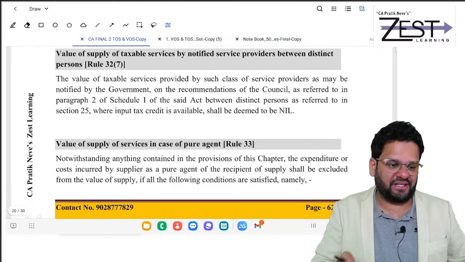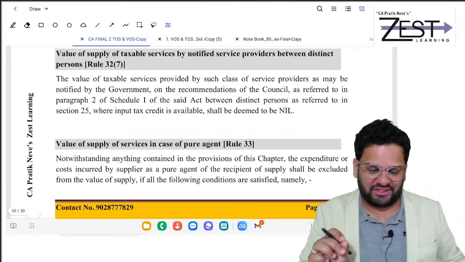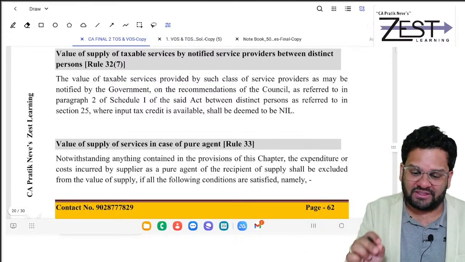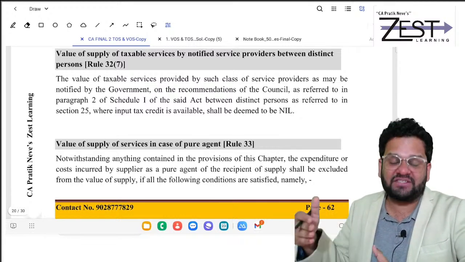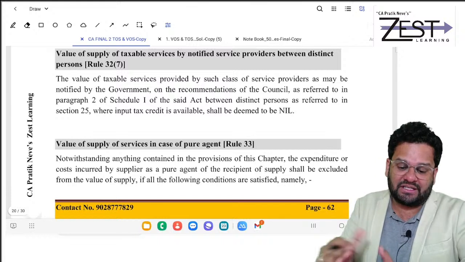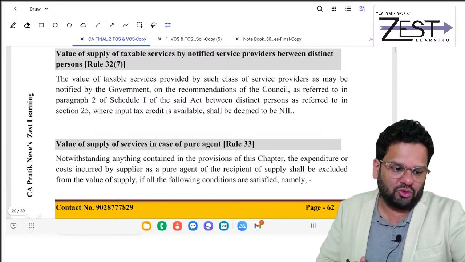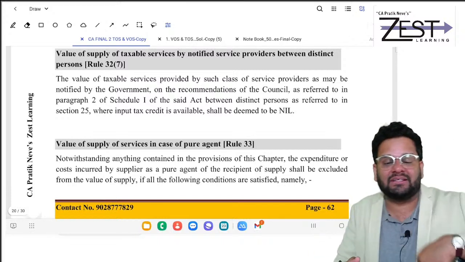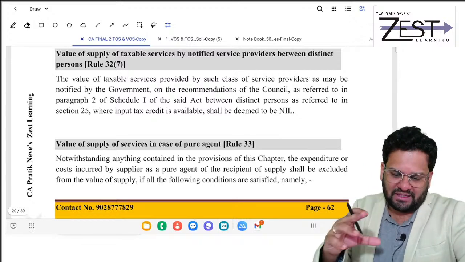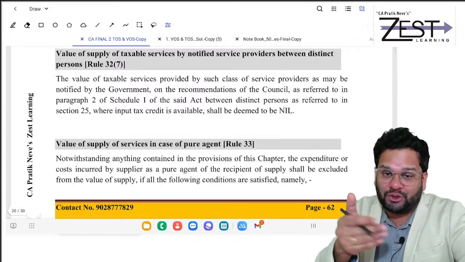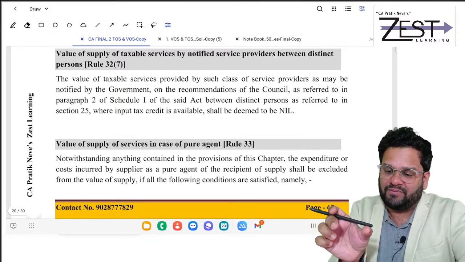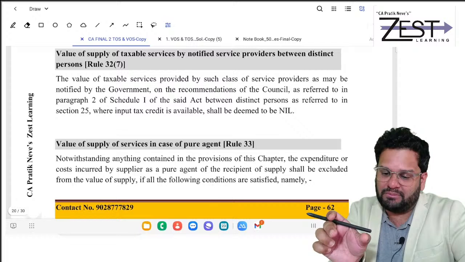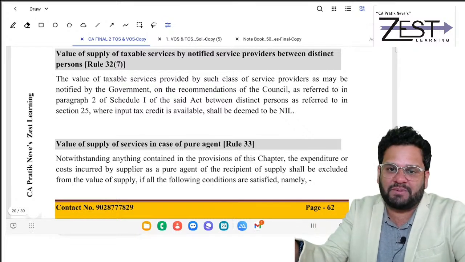32.7. Friends, 32.7: Value of supply of taxable services by notified service providers between distinct persons. There is an activity in Schedule 1 which says that supplies between distinct persons, for example my head office is in Maharashtra and branch is in West Bengal.